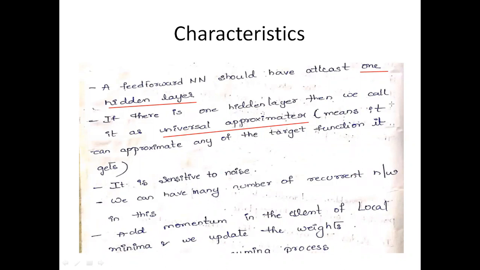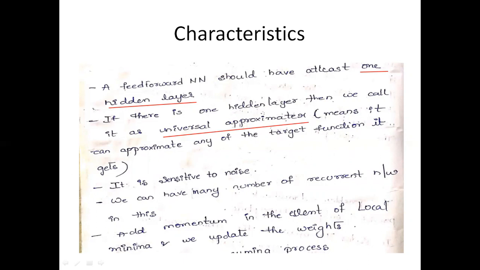If there is only one hidden layer, then we call it a universal approximator. Till now we have seen only one hidden layer, isn't it? The first diagram we discussed in this class also has only one hidden layer, not more than one. That kind of network is called a universal approximator.